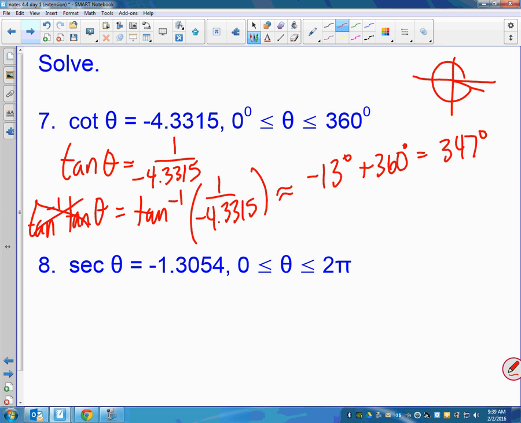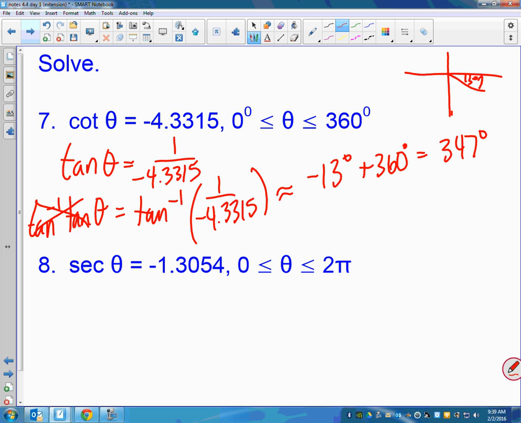But just like with the unit circle, there's always going to be another answer because every trig function is positive in 2 quadrants and negative in 2 quadrants. And your calculator, no matter how fancy it is, will only give you one answer. You have to know what other quadrant you're in, and you have to understand the idea of reference angles. I have my angle right here that is 13 degrees away.